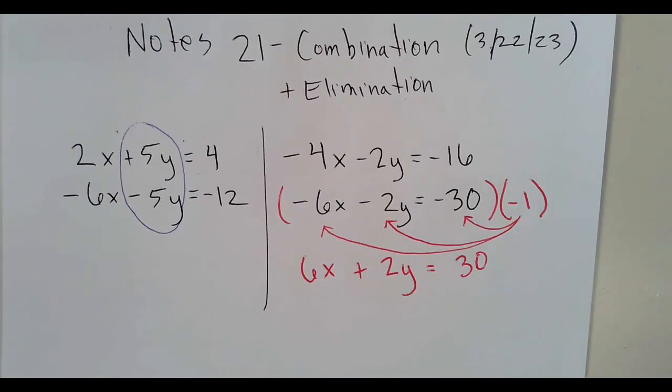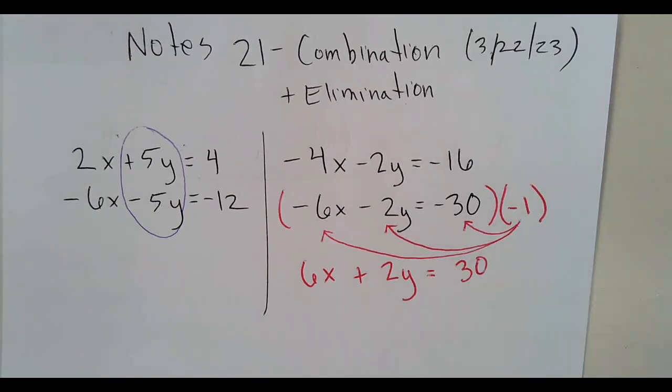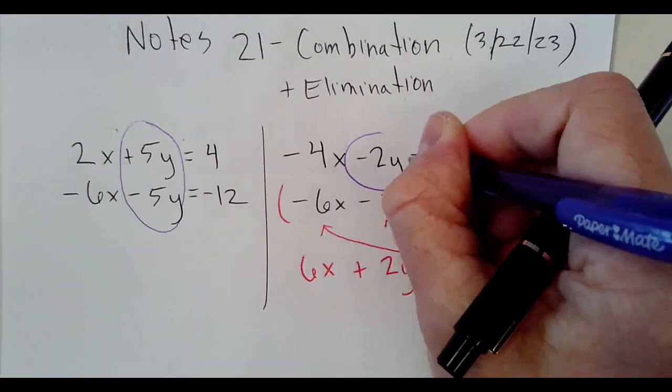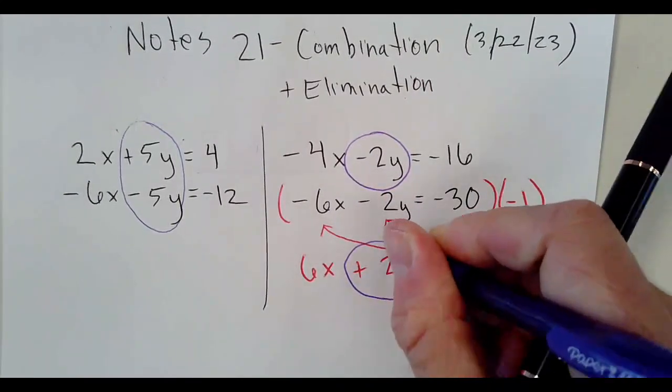So I've just changed the equation, the bottom equation, by multiplying it through by -1. I can multiply through an equation by any number I want, but I want to be strategic in how I do that so that I can get what I need. In this case, an opposite coefficient. Now I have that. Here and here, you see.